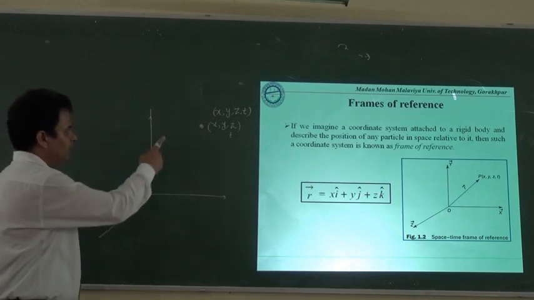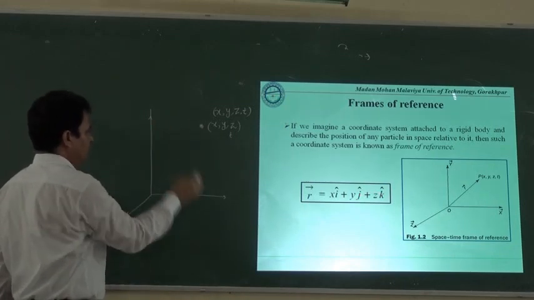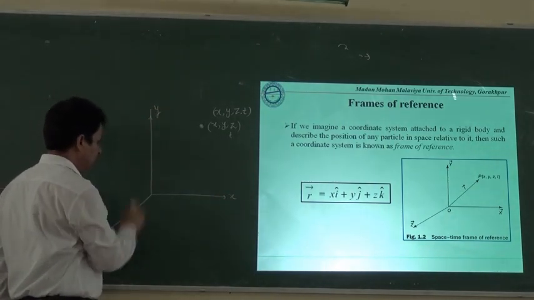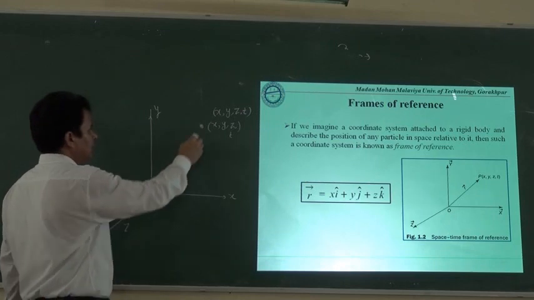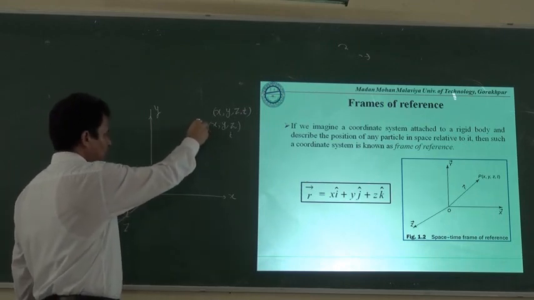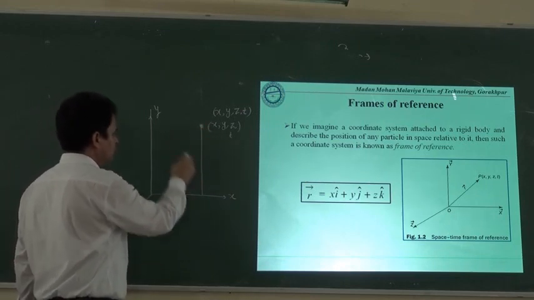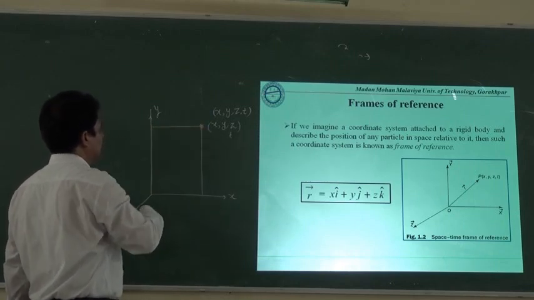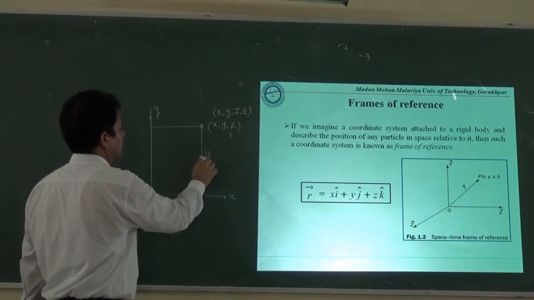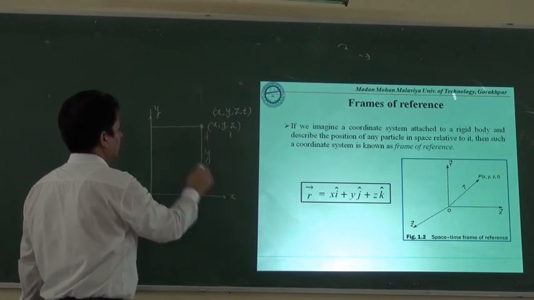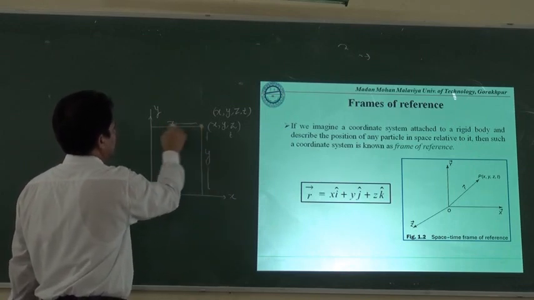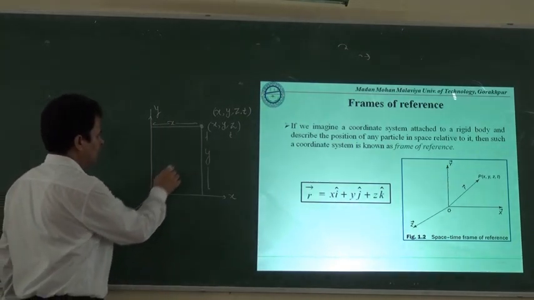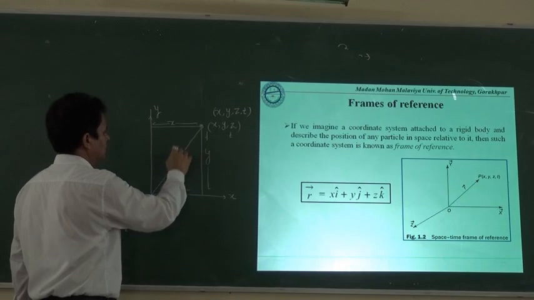So for example, if we take this particular figure here, with x here, y here, and z here, then the depiction for the position of this point will be in this way. How much distance has been covered along this y-axis will be y, the distance traversed along the x-axis will be x, and the distance along the z-axis will be z.